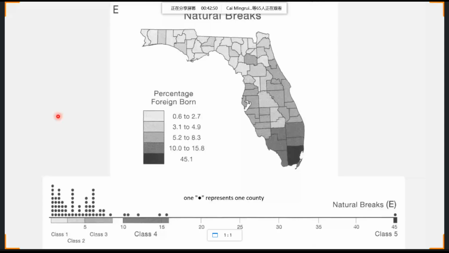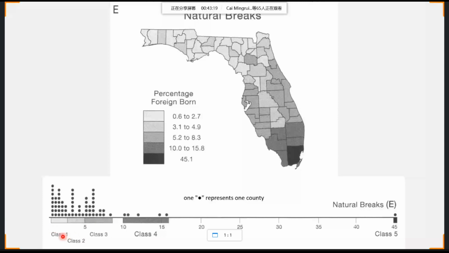And this is then the result. So it looks a bit different to the maximum breaks method. As you see here now, we have two or even three classes in part. The third class is also involved here. For this large amount of counties, so most numbers are here, therefore it makes sense to have more classes here.